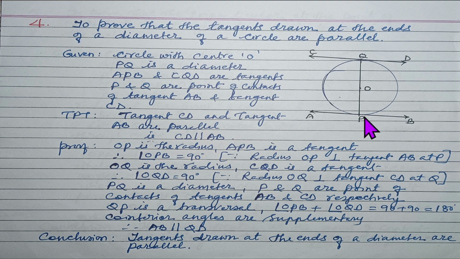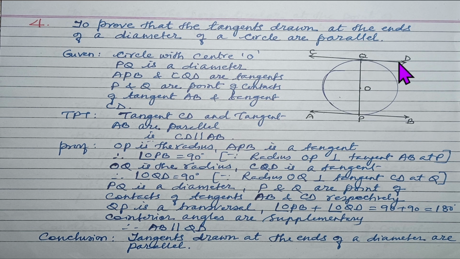Now OP is the radius, as you know, P is the point of contact of the tangent AB, and OP is the radius. That means angle OPB is 90 degrees, and so also OQD is equal to 90 degrees, as you know, the radius and tangent at the point of contact are perpendicular to each other. Now PQ is the diameter, P and Q are the points of contact, and angle OPB is 90, OQD is 90.